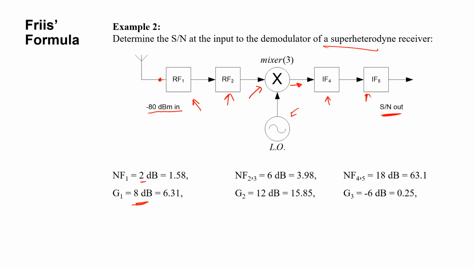So it's a pretty lossy device, so we need multiple amplifiers to compensate for that. G4 and G5 is 20 dB. That's exactly what we did at IF4 and IF5. We have enhanced the output signal of the mixer, so it's 20 dB enhancement here and 20 dB enhancement here.